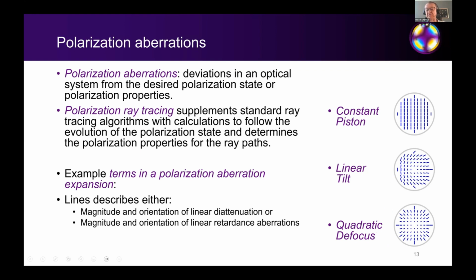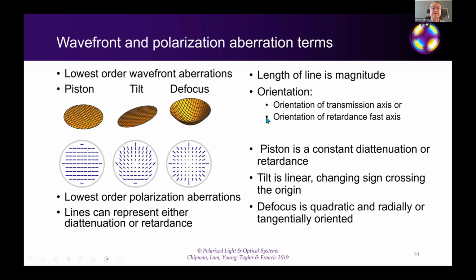I can have quadratic effects, okay? But you notice that I've drawn these with lines, because we're talking about polarization, and that polarization can be diattenuation, just like a weak polarizer, or can be retardance. Okay, so wavefront aberrations are scalar. So piston is just a constant, tilt is a linear variation, defocus is a quadratic variation.